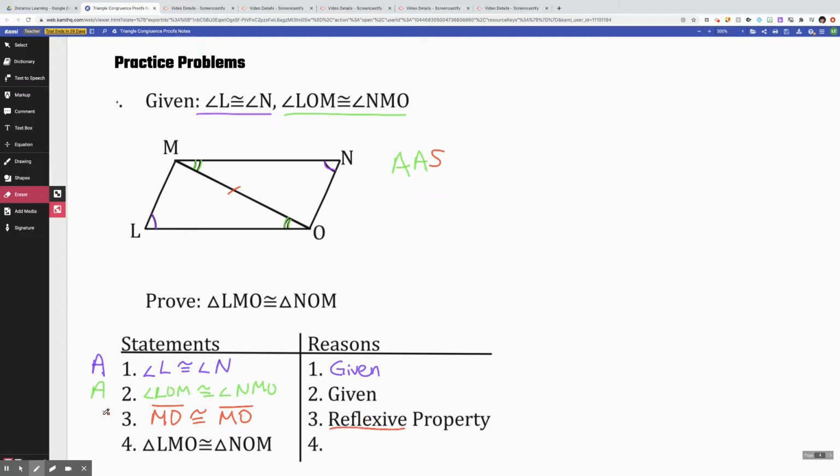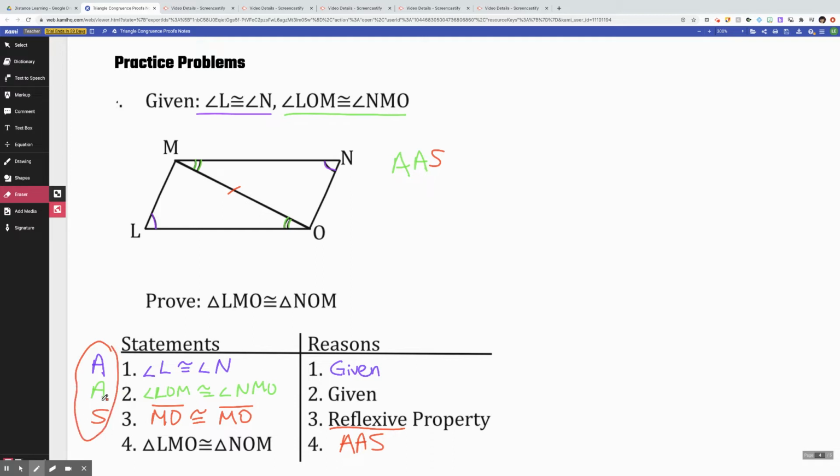Okay, so now I have two angles and a side that is not trapped in between them, so a side that's just kind of off to the side. So I have enough info now to say that these two triangles are congruent, right? And the reason I'm going to give is the triangle congruence criteria that it fits, angle, angle, side. Now, I want you to notice that I wrote them out here on the side.